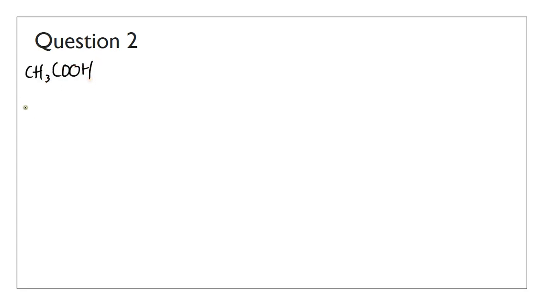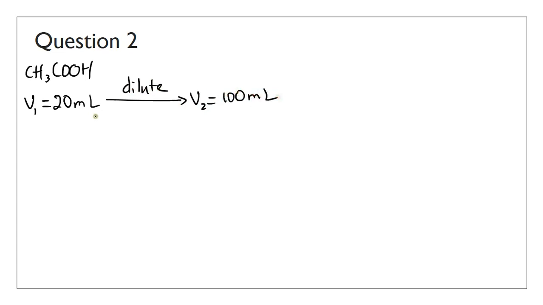Just to recap, you start with a volume of 20 ml. You take a 20 ml sample and then dilute it to 100 ml, so you create another solution of ethanoic acid. Let's call it solution 2 with a volume of 100 ml. Just to remind myself, C1V1 equals C2V2 because this is dilution.